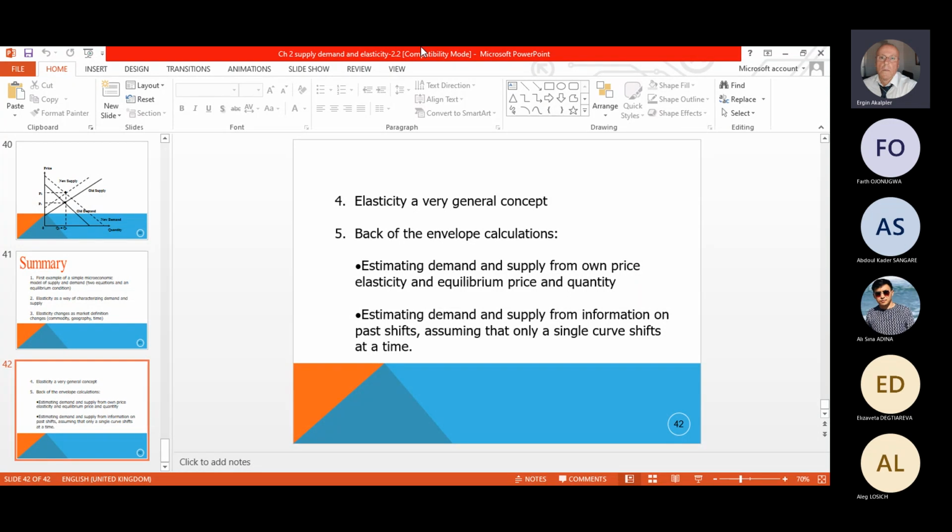Step by step, we will then go to the utility function, and the consumer price and consumer equilibrium in the market with this elasticity will be introduced to you by using these utility functions.